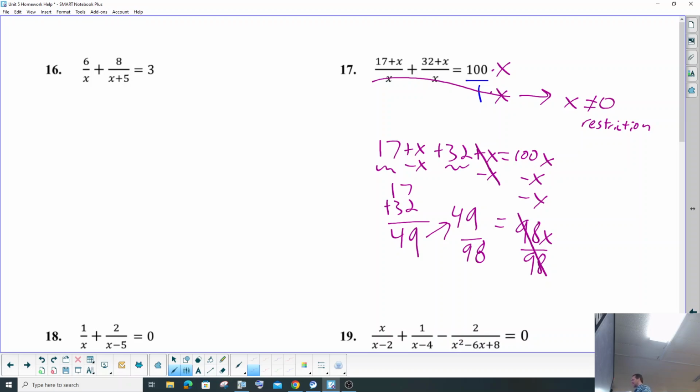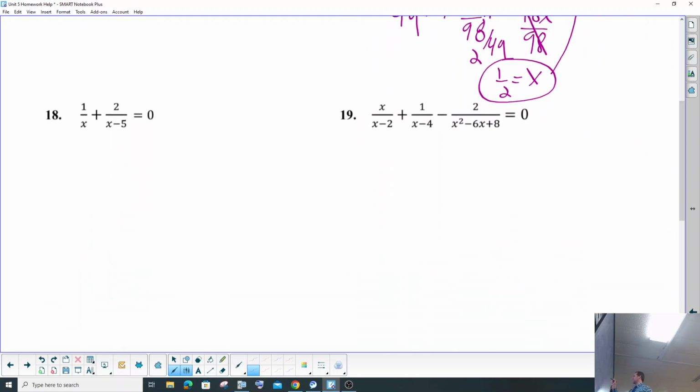What do you guys think? If we divide by 49, that becomes a 1, that becomes a 2, so x equals 1/2. Which is not 0, so we're good.